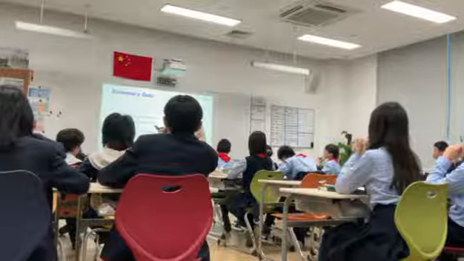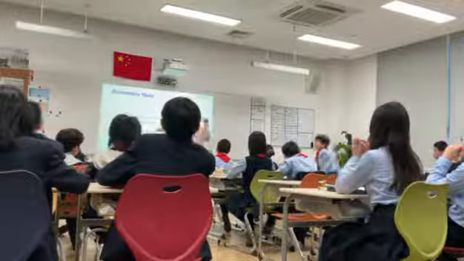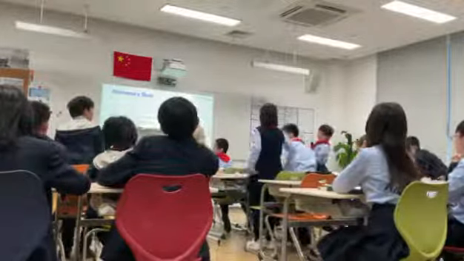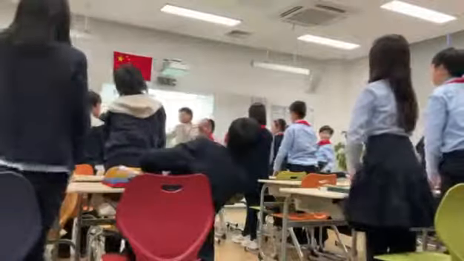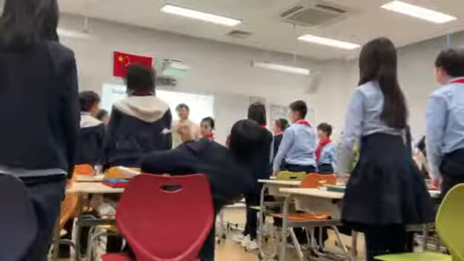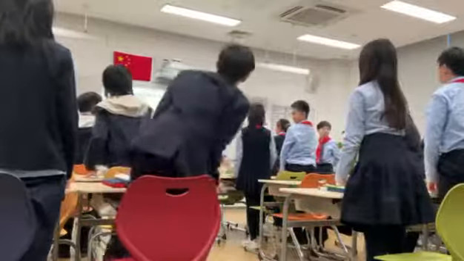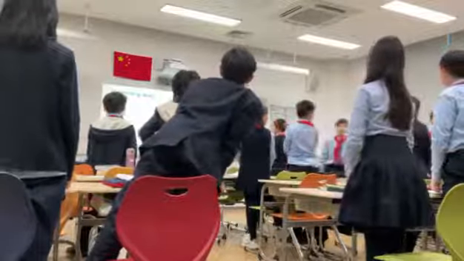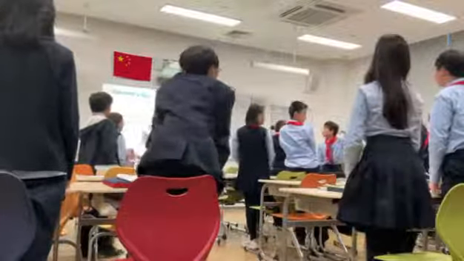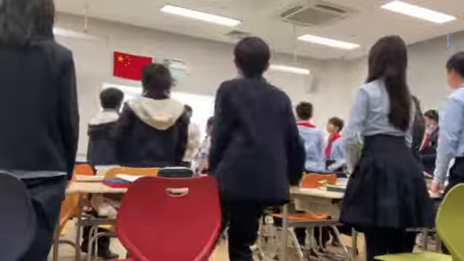If you agree with option A, stand up. If you agree with option B, sit down. If you agree with option C, go out. Only one agree with option C? This one. Did you really read the question? Let me read the question for you.